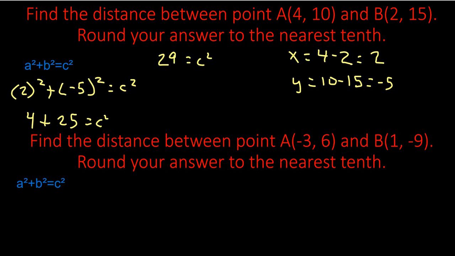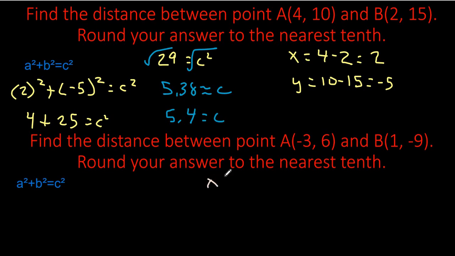And then we take the square root. The opposite or inverse of a square is the square root, and that gives us about 5.38. And we want to round that to the nearest tenth, so that would be 5.4.